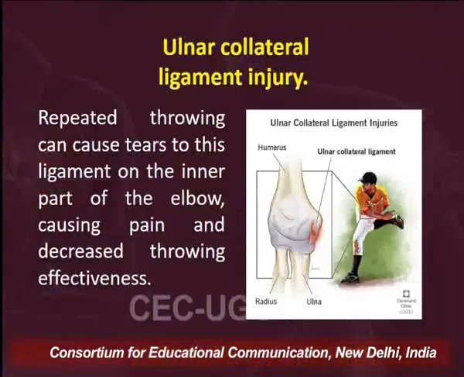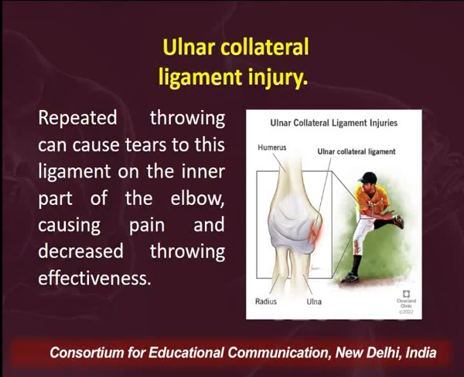The pain is in the inner part of the elbow. The next one is ulnar collateral ligament injury. So repeated throwing can cause tears to this ligament on the inner part of the elbow, causing pain and decreased throwing effectiveness.